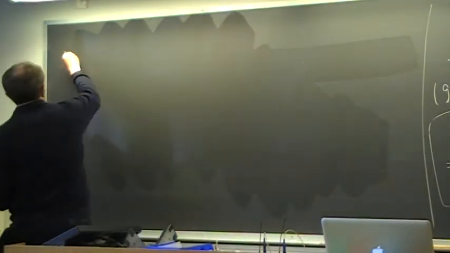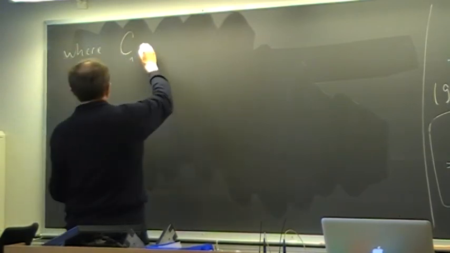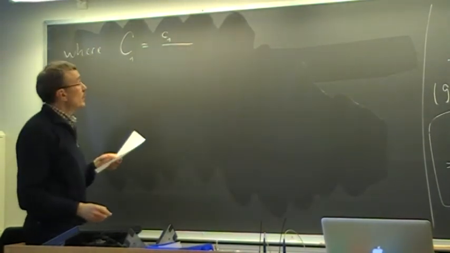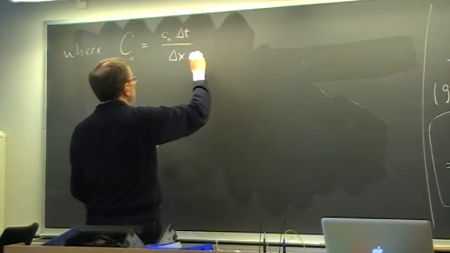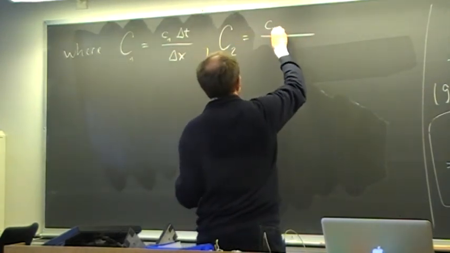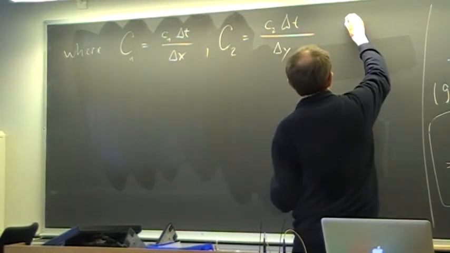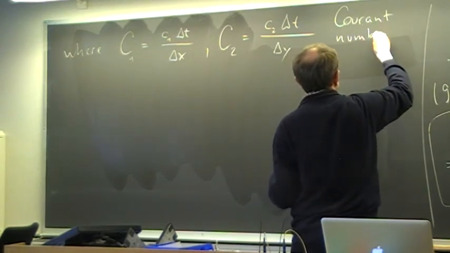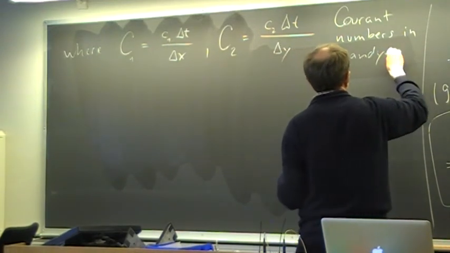What we have used here is that capital C1 is equal to the advection velocity component in x direction, c1, times the time step delta t divided by delta x, the Courant number in x direction, and C2 is correspondingly c2 delta t divided by delta y. So they are the Courant numbers in x and y direction.